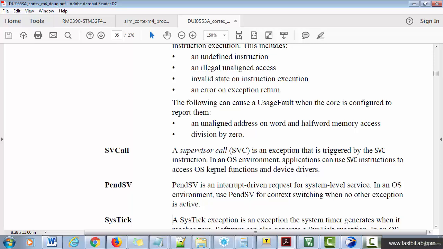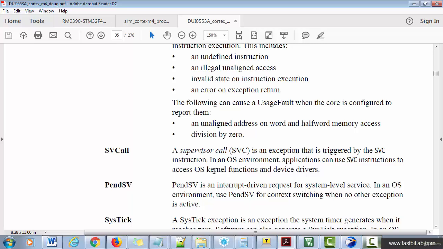Whenever the unprivileged task or code block wants to touch any device drivers or any peripherals, it cannot directly go and touch the restricted resources, right? Because peripherals in those cases will be considered restricted resources.